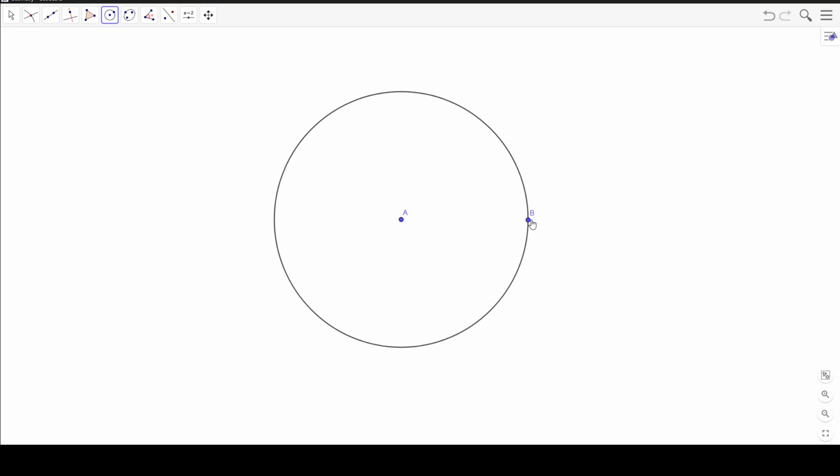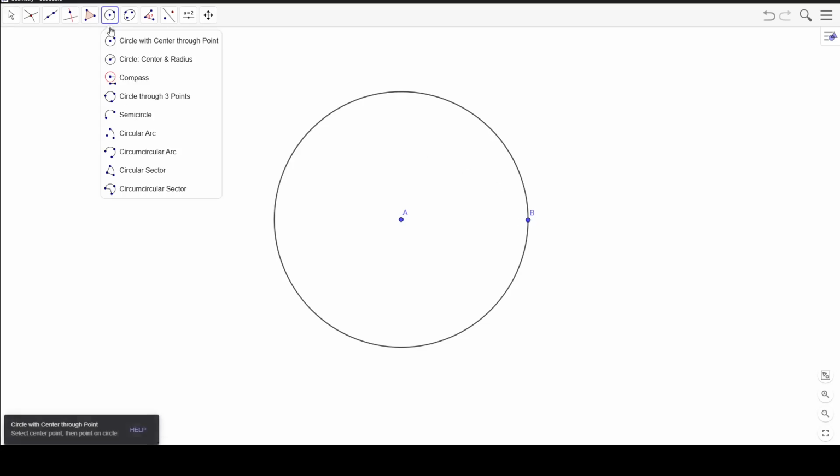Note that the word distance in Euclid's postulate is referring to the radius of the circle, the distance from the center to the circumference. Also note that this postulate does not allow us to measure a distance, pick up the compass, and then draw a circle of that radius somewhere else.